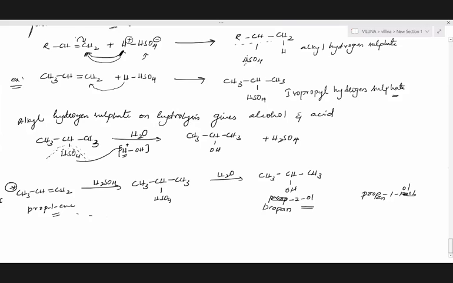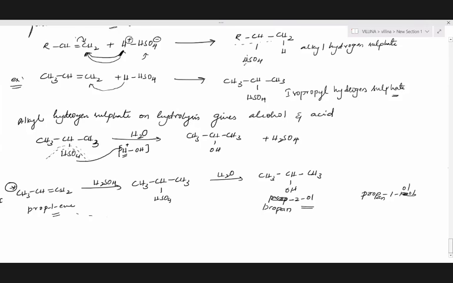So what do we have if we try to write the net reaction? We had propene initially, that is CH3 CH double bond CH2. On treating with sulfuric acid, we got isopropyl hydrogen sulfate, which is CH, HSO4 and CH3. On hydrolysis, we are getting simply propan-2-ol, OH and CH3.